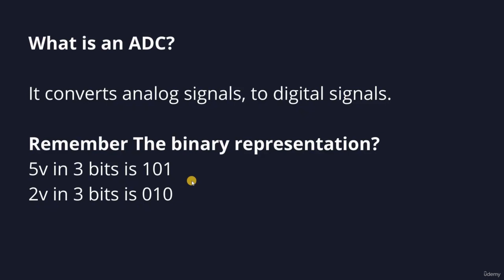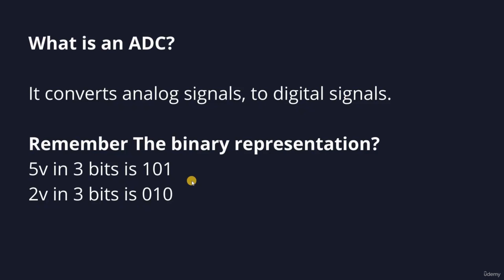For example, let's say you have a voltage source and it is varying between 0 and 5. This variation is an analog signal. And the Arduino, or any embedded board, if it has an ADC circuit in it, can take it and translate it to something binary. Let's say you have 5 volts connected to that board.